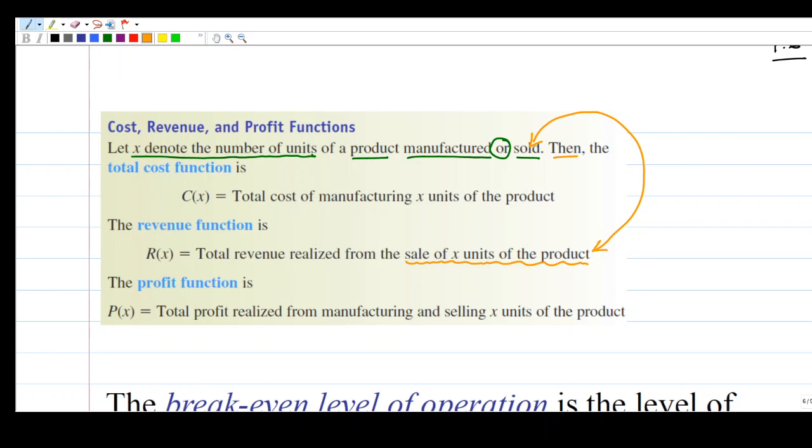The profit function is capital P of X. That's equal to the total profit realized from manufacturing and selling X units of the product.